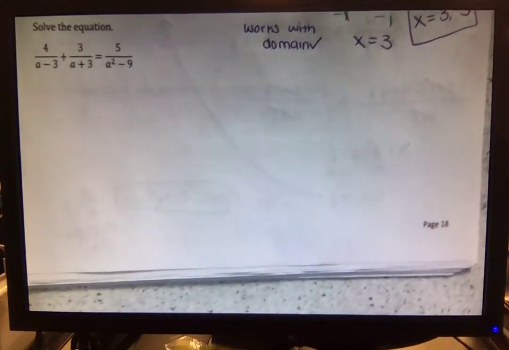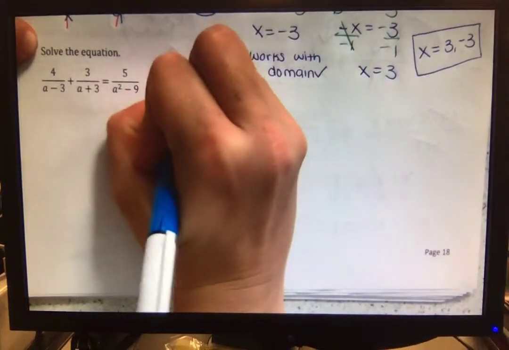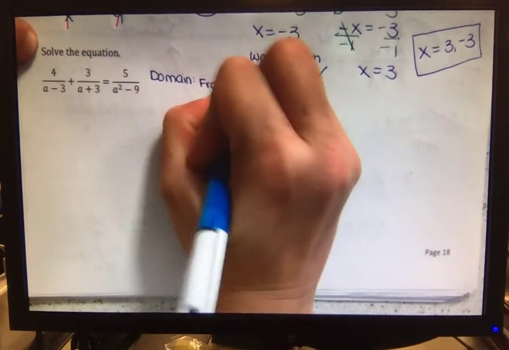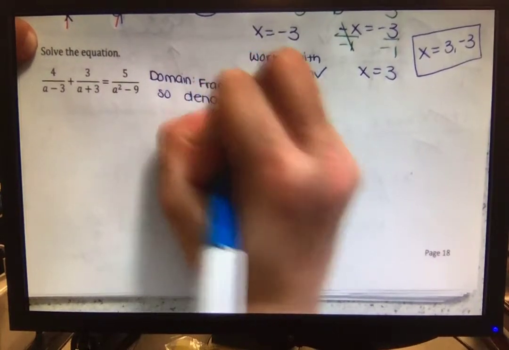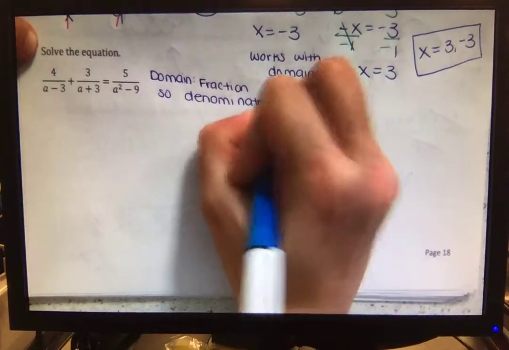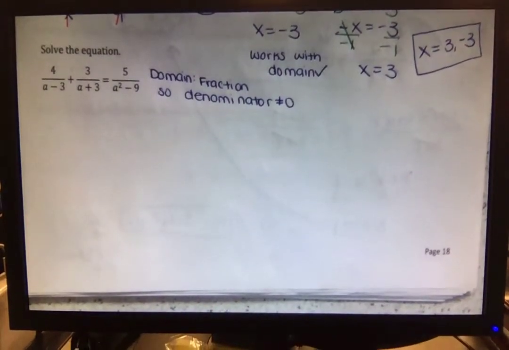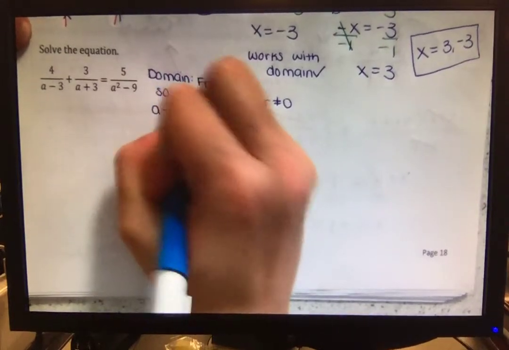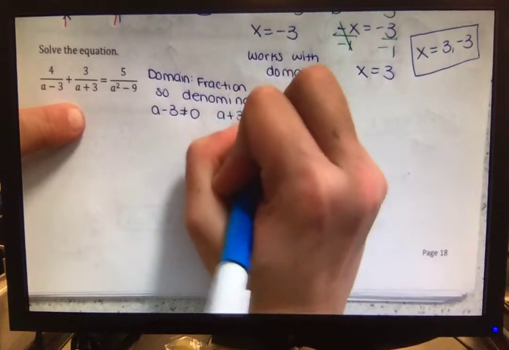So our first thing is to find the domain. It's a fraction, so we know our denominators cannot equal 0. So we have a minus 3 cannot equal 0, a plus 3 cannot equal 0.